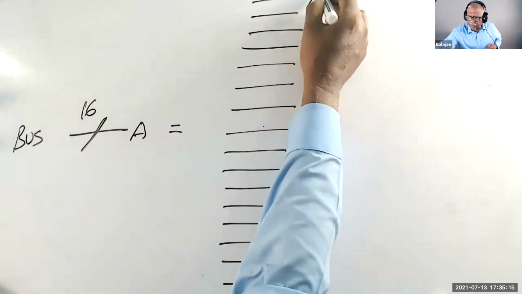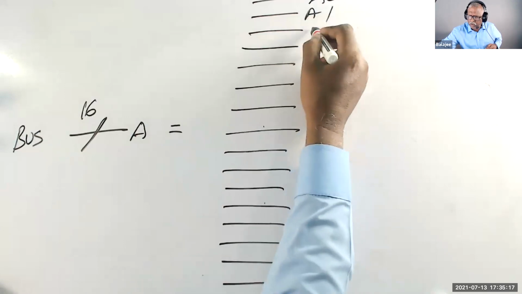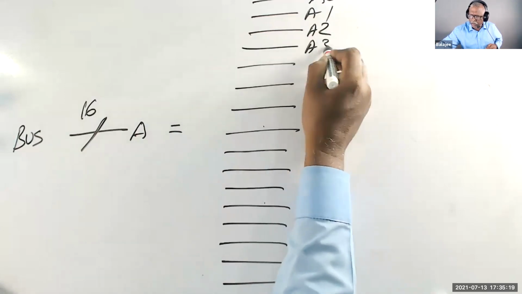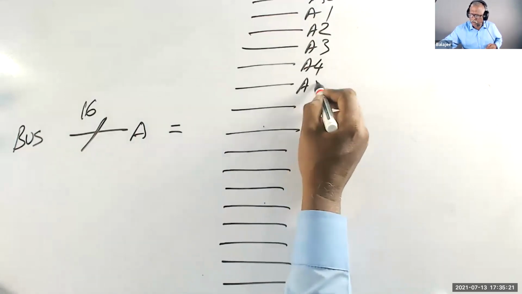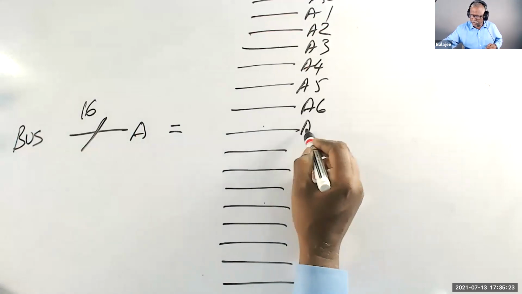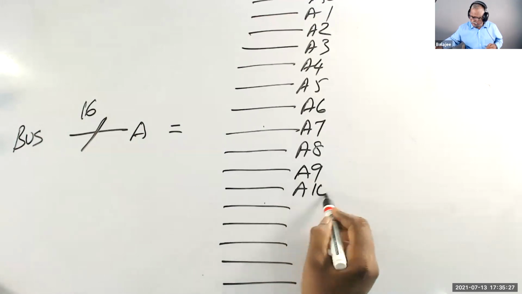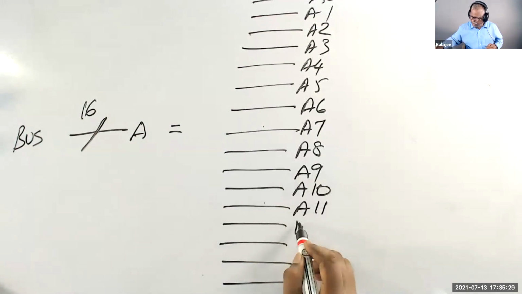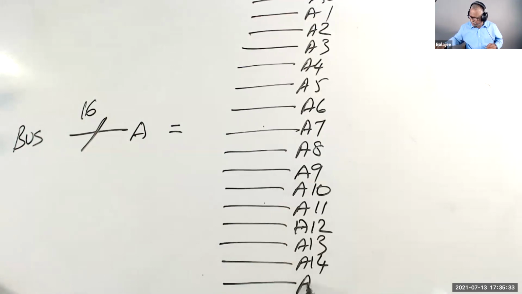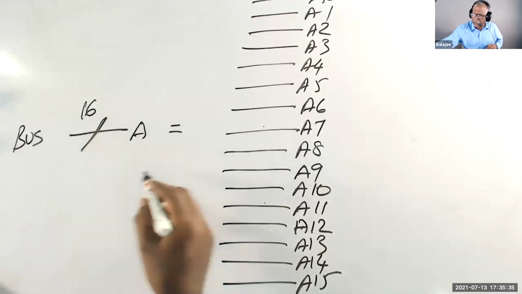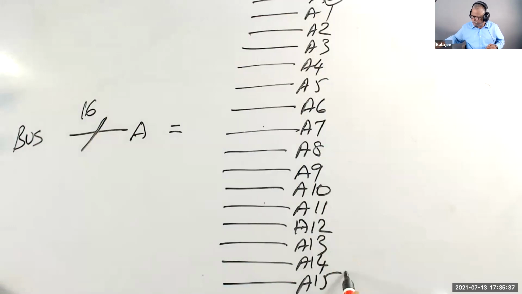Each wire has a different name: A0, A1, A2, A3, A4, A5, A6, A7, A8, A9, A10, A11, A12, A13, A14, A15. I told you we always start from 0 and we end at 15.